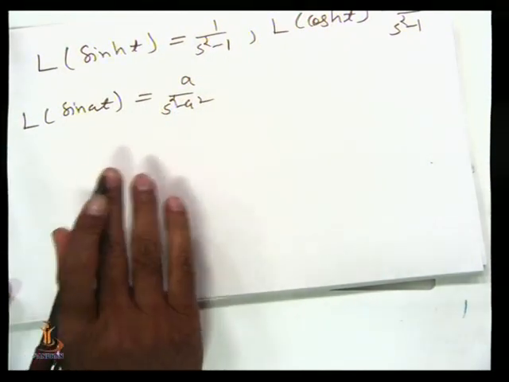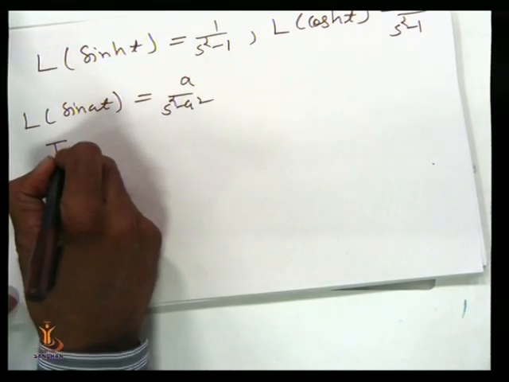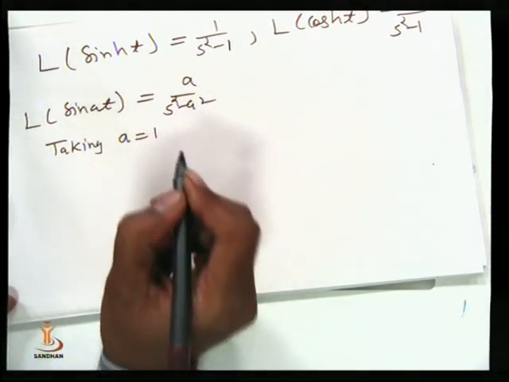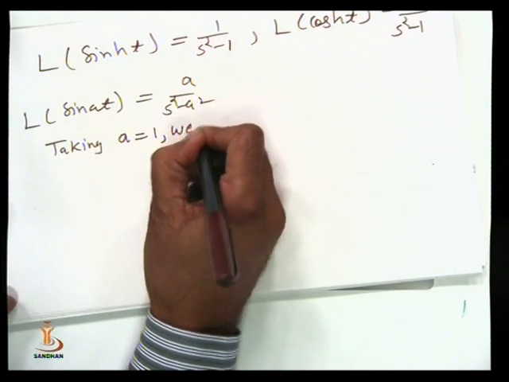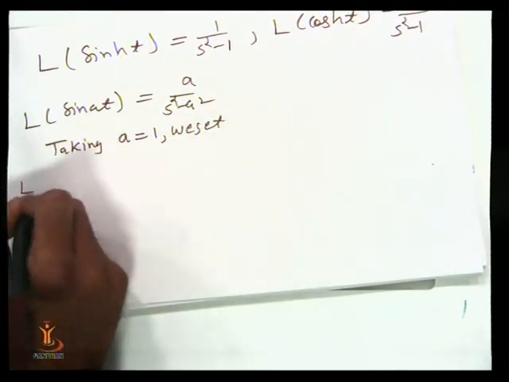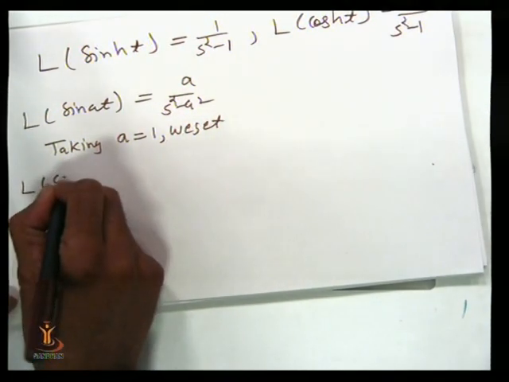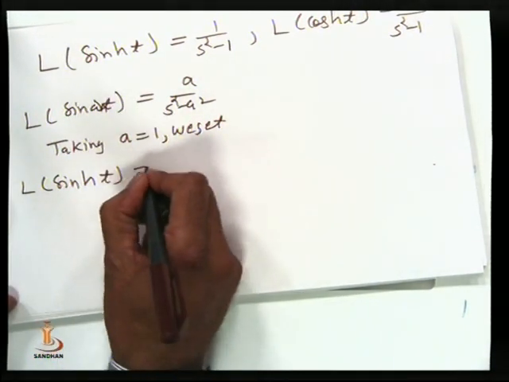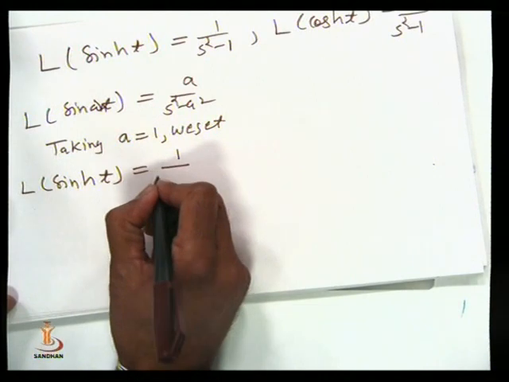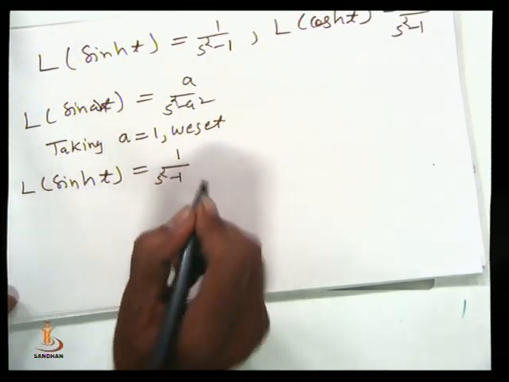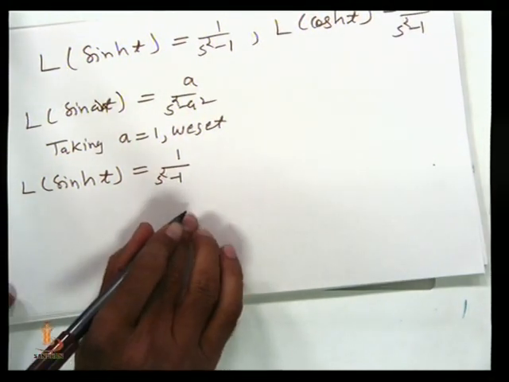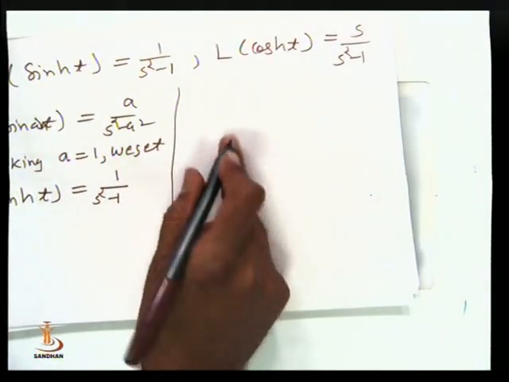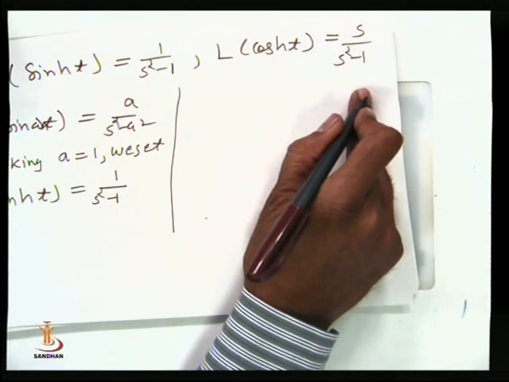Now in this formula we take a equal to 1. Taking a equal to 1, we get Laplace of hyperbolic sin t equal to 1 upon s square minus 1 square, that is 1. This is first corollary.